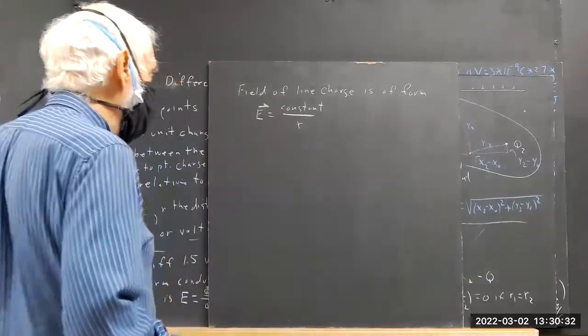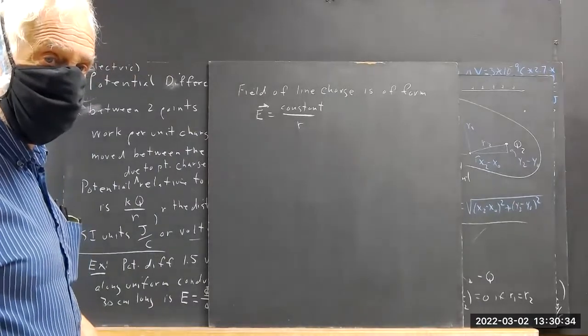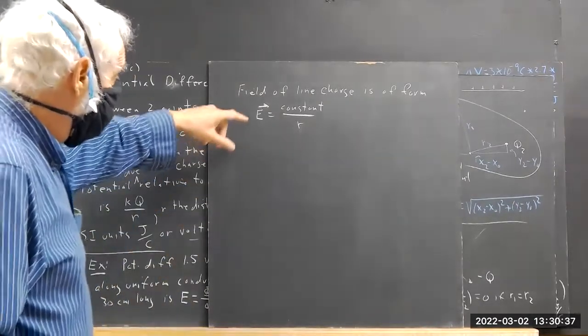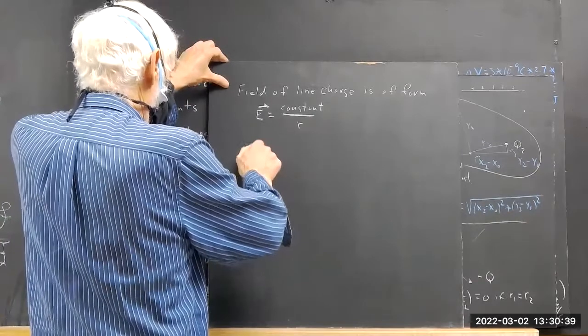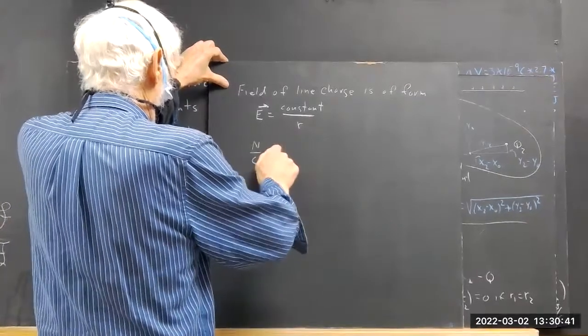So E is a constant over R. What are the units of the constant? The units of the electric field are newtons per coulomb.